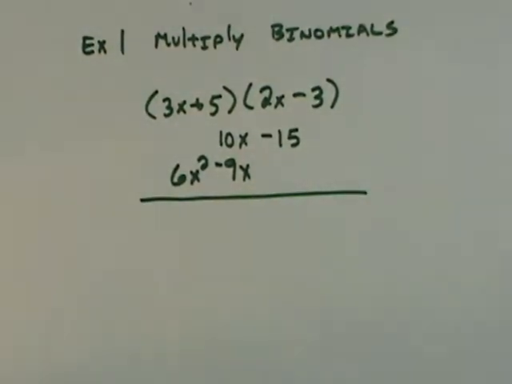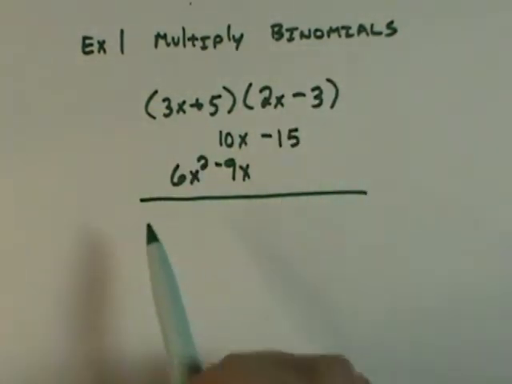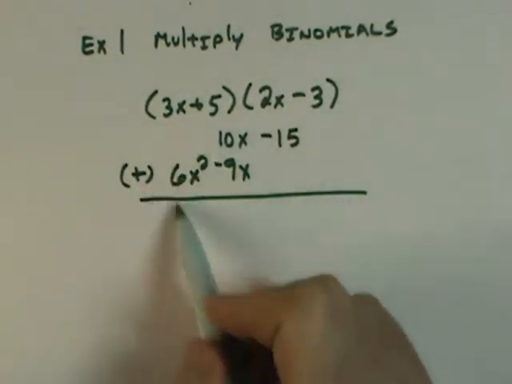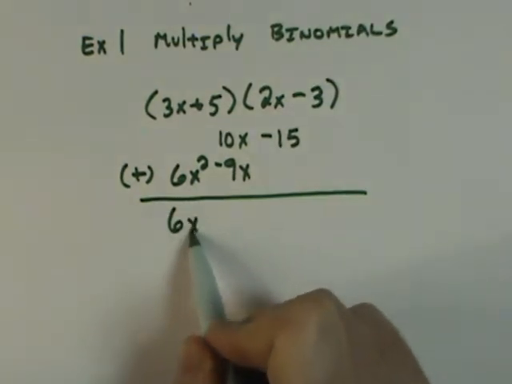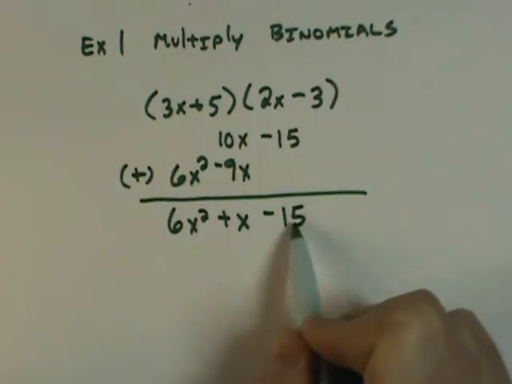I'm going to add these two results up. Notice that the middle terms are lining up nicely. That's typically what you expect when you multiply binomials. Binomial, again, 2 terms times 2 terms. So when I add these up, this simply becomes 6x squared plus x minus 15.